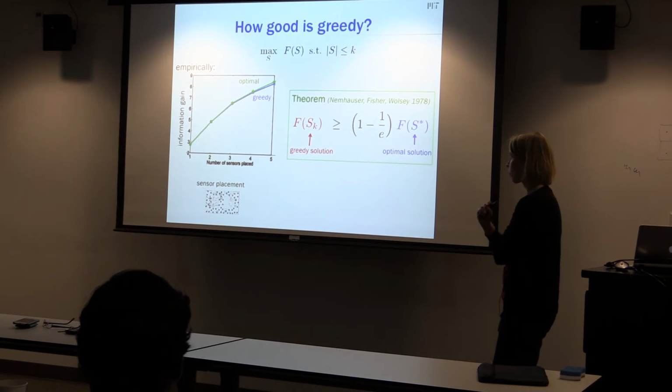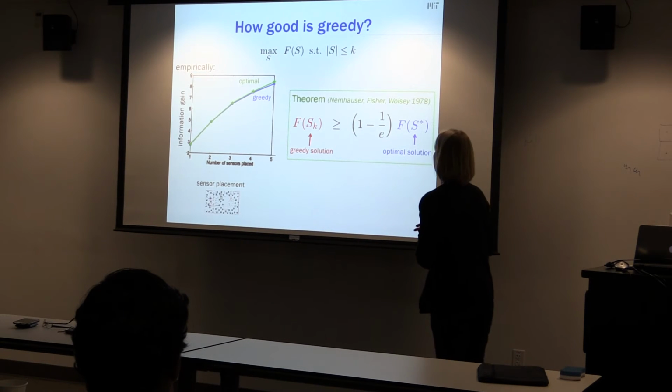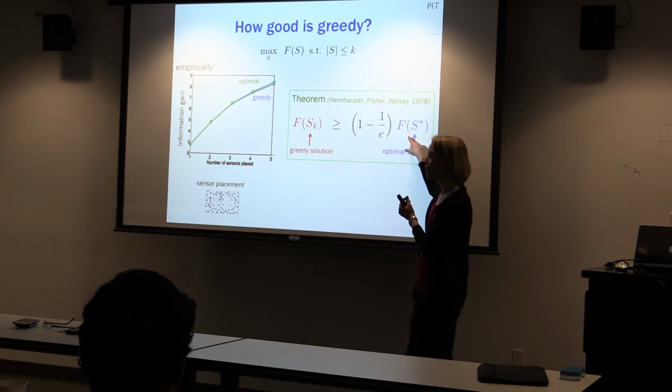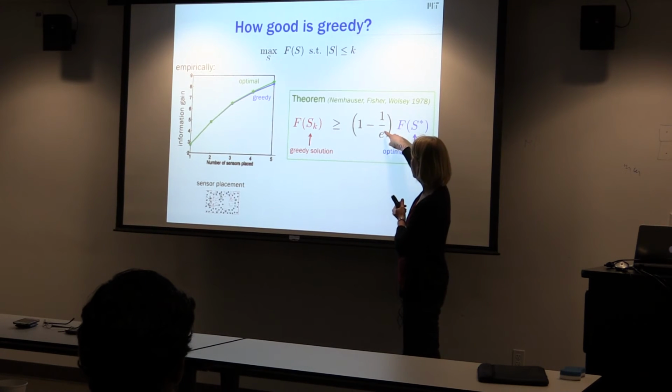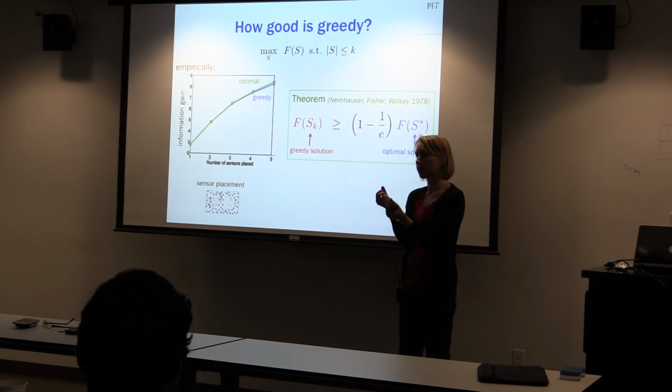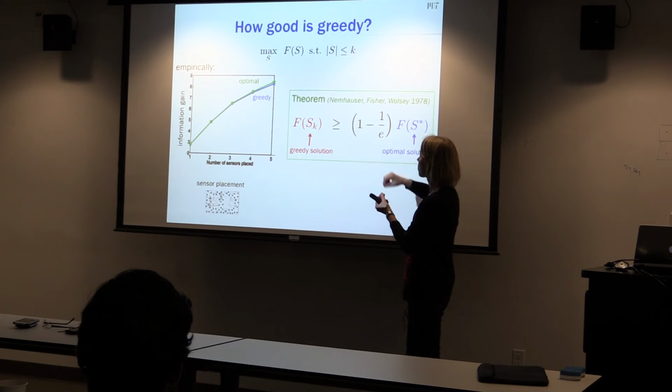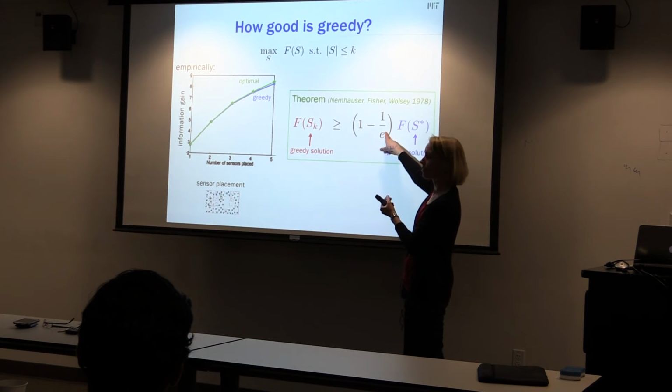No, actually, it's a very good question. You can do this, and essentially you pick L elements here, and you have k here. You'll get something like 1 minus 1 over e to the k over L, I believe. So it's going to be essentially approximating 1. This ratio of k versus L is going to come into the exponent of the e, such that the more elements you pick, the better this is going to become.